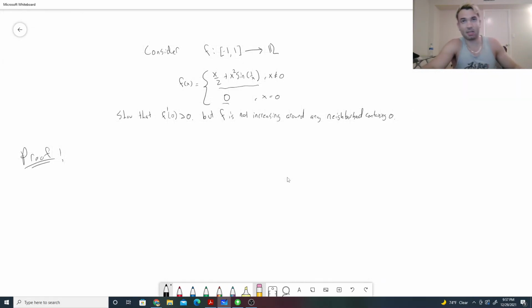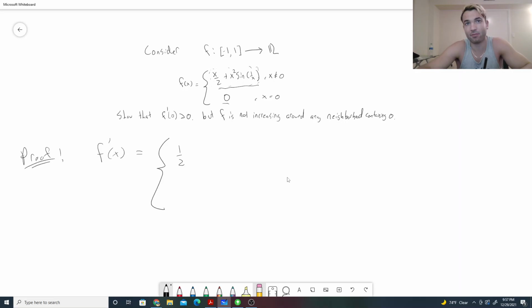So let's prove it. The first thing we'll need to do is find what f prime is. Away from 0, there's no doubt that the function is defined this way, and this expression is differentiable by itself. It's just calculus 1. What's the derivative of x over 2?